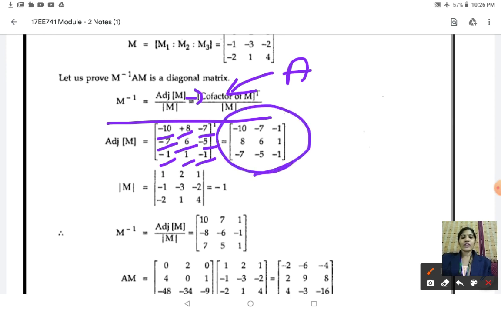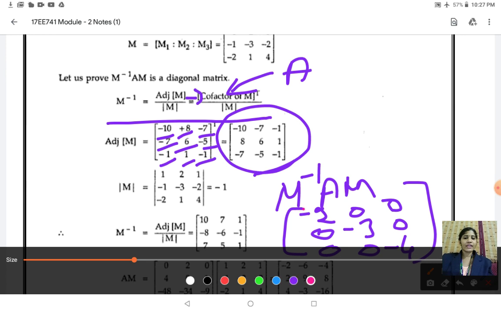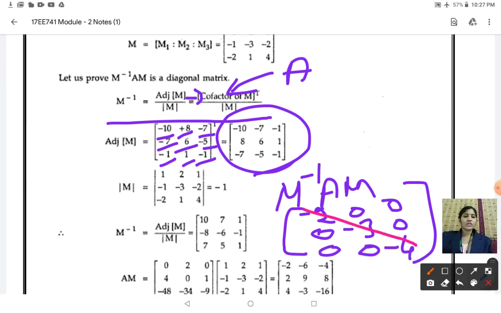When you find M inverse AM, you will find the answer to be minus 2, 0, 0, 0, minus 3, 0, 0, 0, minus 4. So it means that in your diagonal matrix, whatever you have in the diagonal will be your eigenvalues.